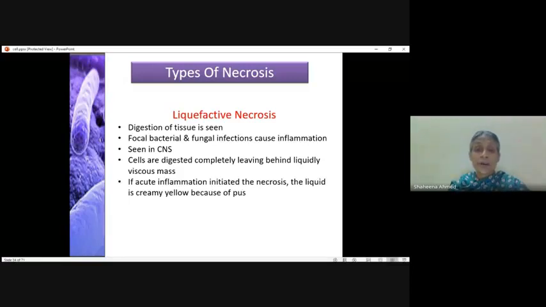I mean, brain does not have coagulative necrosis. Whenever necrosis occurs in the brain, it is always of the liquefactive type, where the cell destruction leaves behind debris in the form of a thick, viscous fluidy material. The normal architecture is not preserved. You cannot recognize the normal shape, size, and you cannot identify what sort of cell that was.